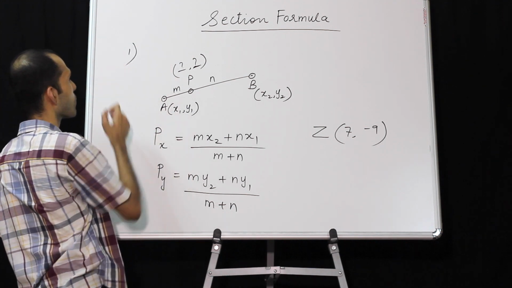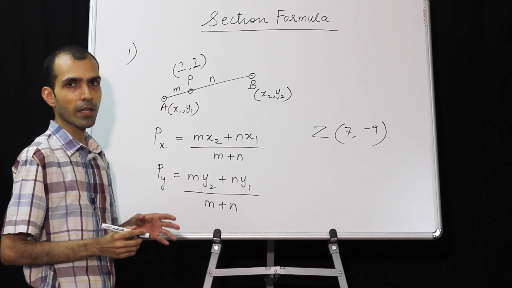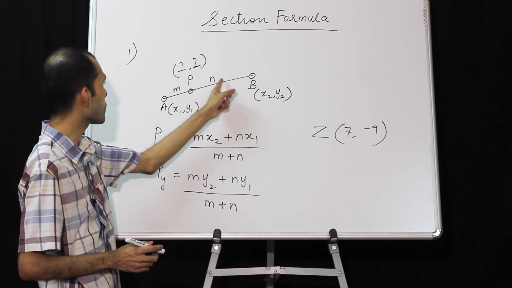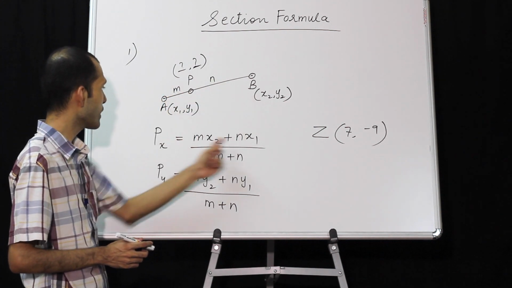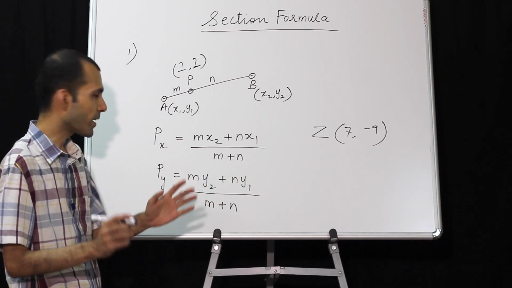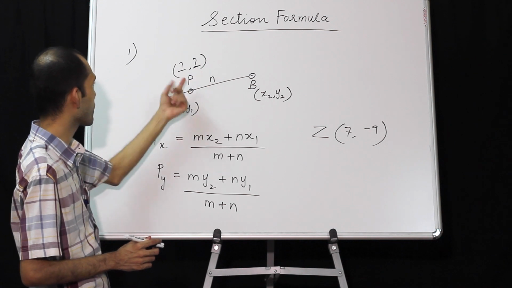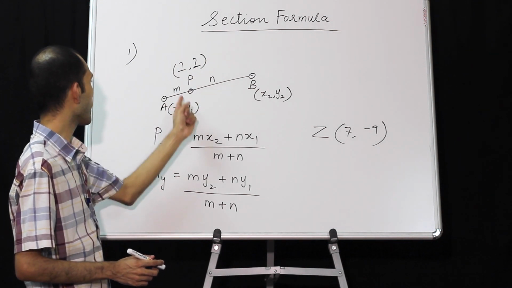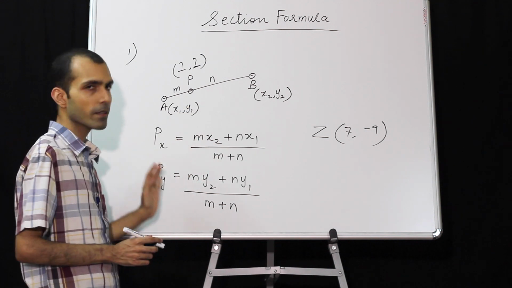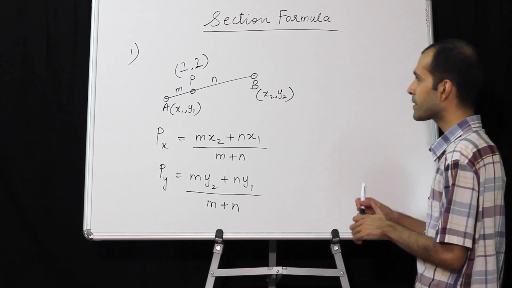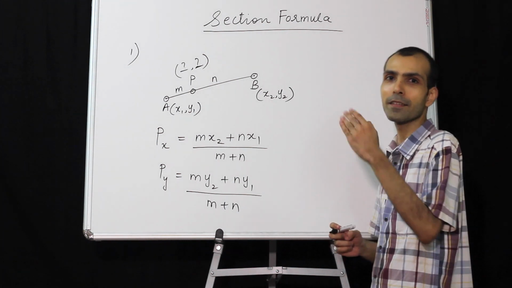So once again, px will be m into x2 plus n into x1 upon m plus n, and py, that is the y coordinate of the point P, will be my2 plus ny1 upon m plus n. So comfortable till here? Now let us see the other two formulae in this topic.